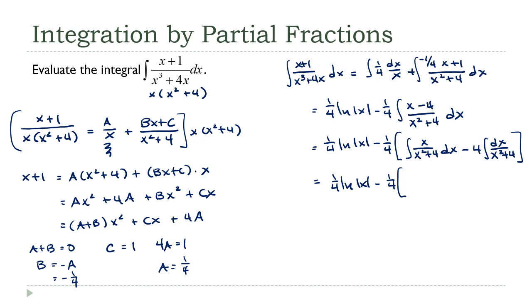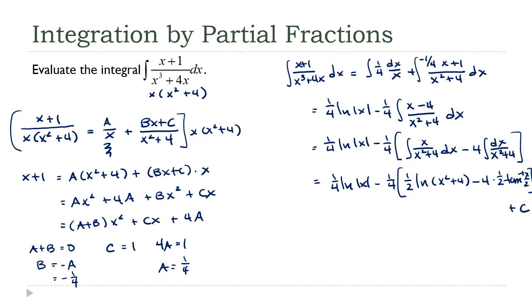I'd let u equal x squared plus 4, and this becomes 1/2 the log of x squared plus 4. Don't need absolute value there, right? Because that x squared plus 4 is always positive. Minus 4 times, and we know how to do this one. We saw this in the last lecture, right? This is 1/2 the inverse tangent of x over 2. And now we've done all the integrals, so I'm going to put a constant here on the end.